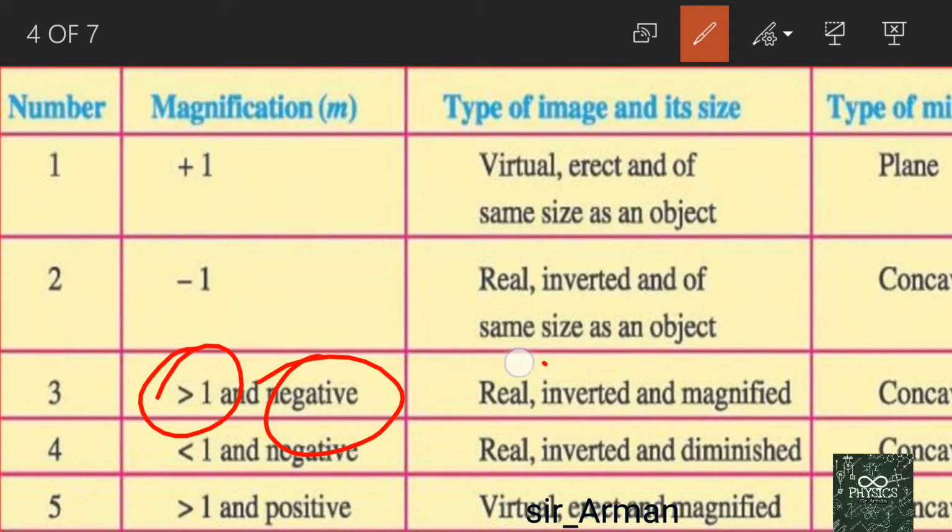So the negative sign indicates the image is real and inverted, and the magnification in this case is 2. Whenever the magnification is greater than 1, we can say the image is magnified and the mirror is a concave mirror, right?